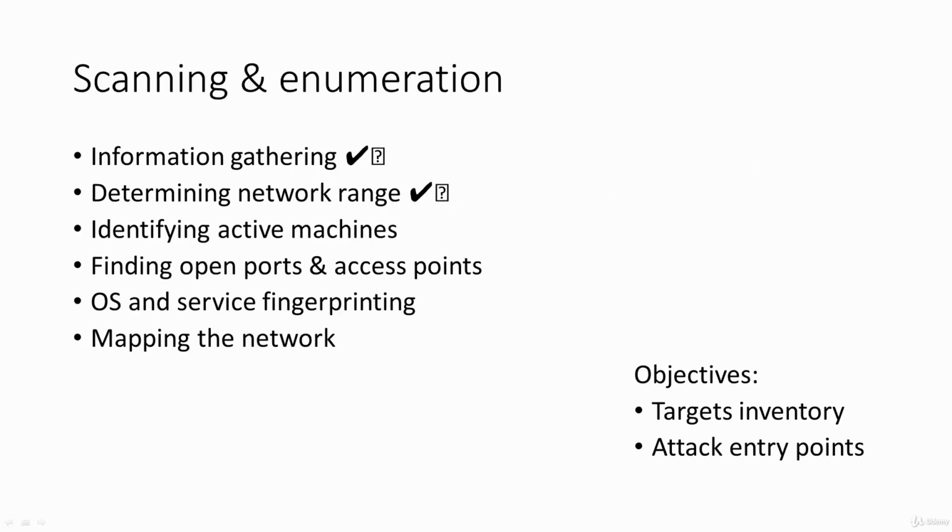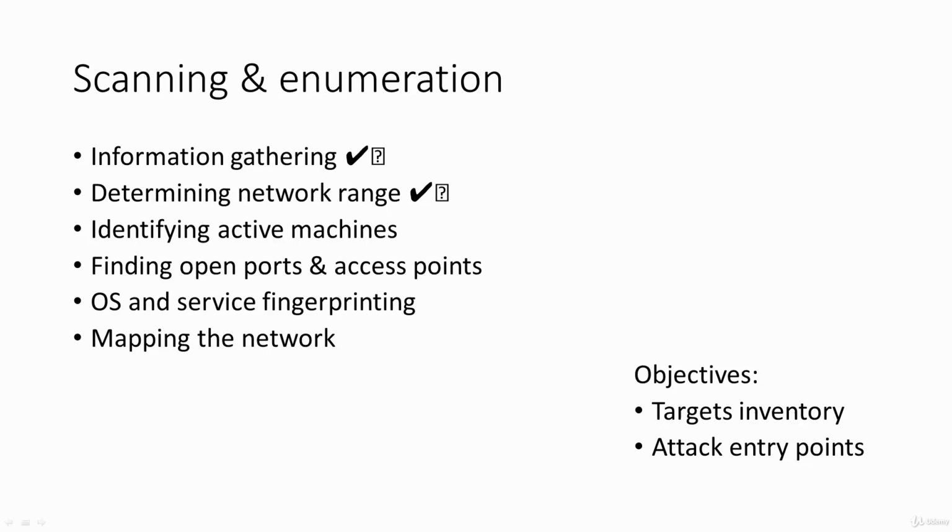So methodologically, EC Council's vision about how this scanning and enumeration process should look encompasses these two things that we have already done, right? In the reconnaissance phase, we have gathered information from open sources, and we have determined to some extent the network ranges that are within the scope.